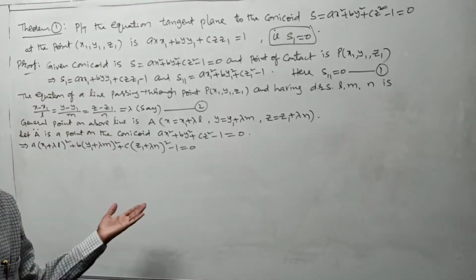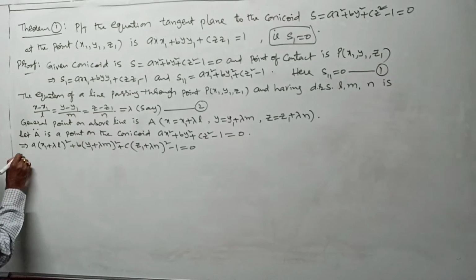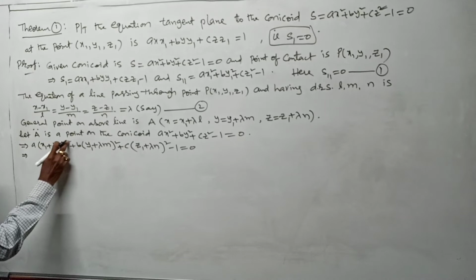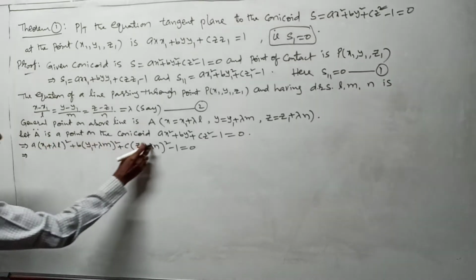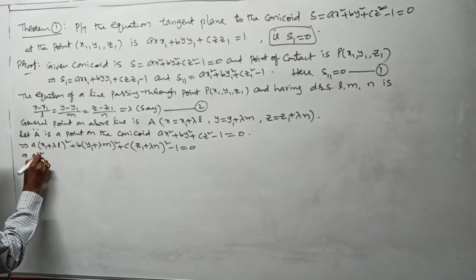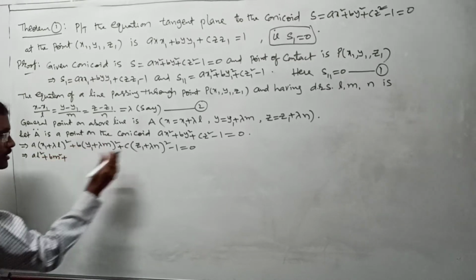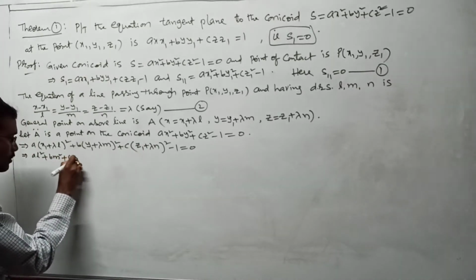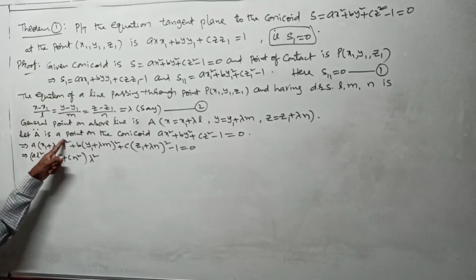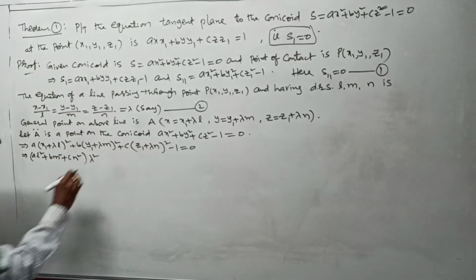First, the λ² coefficient: it is al² λ², and in each and every term the square appears. Taking λ² outside, it is (al² + bm² + cn²) λ².